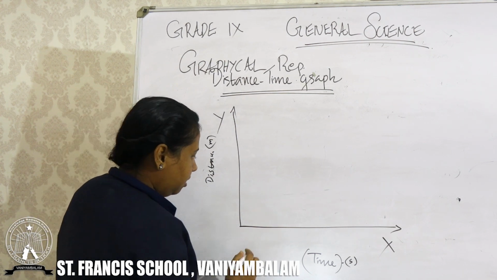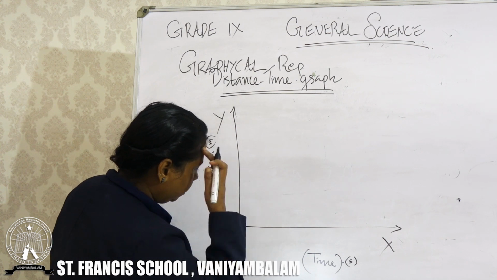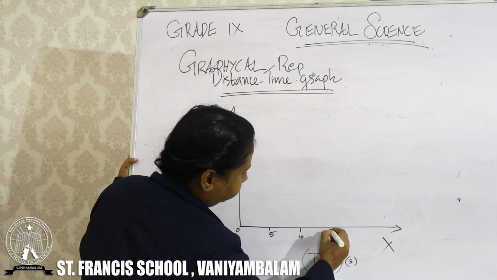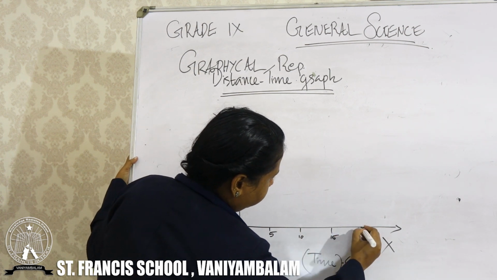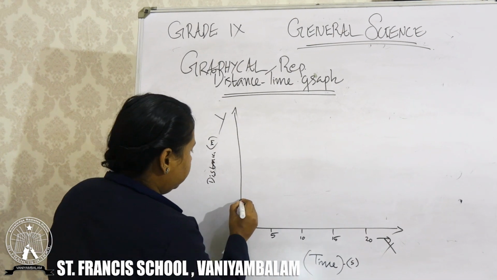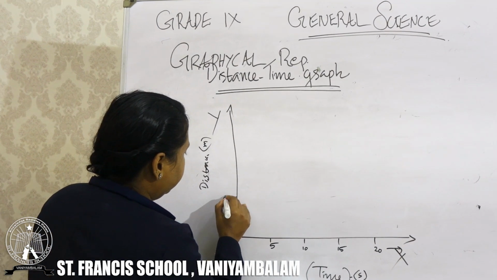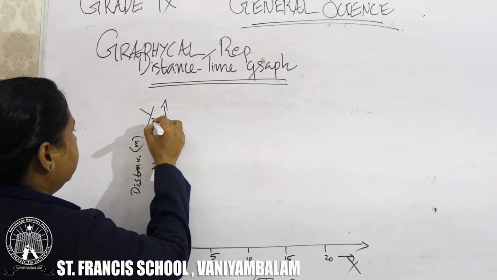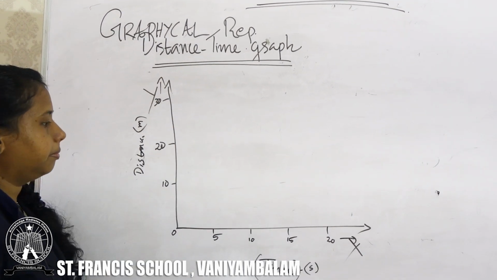First of all, let's give the values: 5, 10, 15, 20, etc. on the x-axis, and 10, 20, 30, etc. on the y-axis.